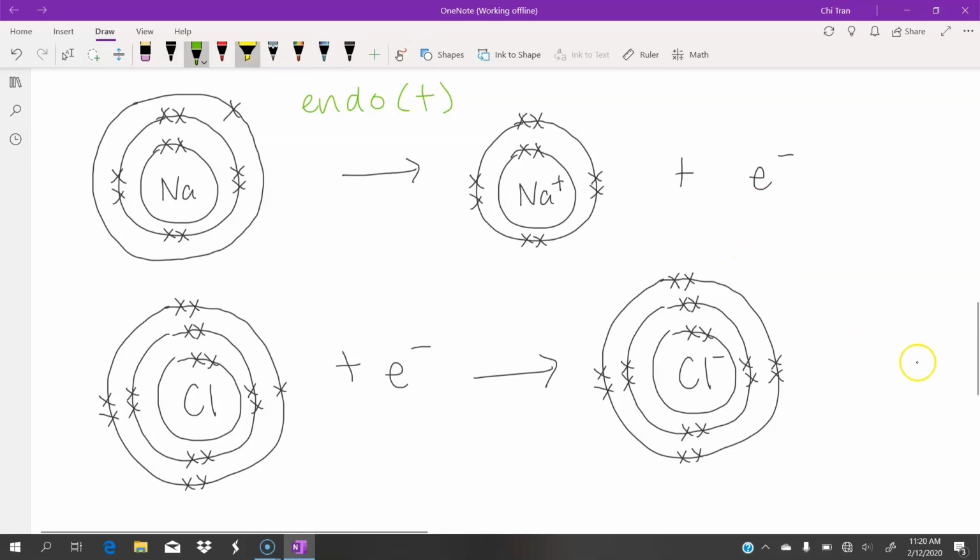And oppositely, it is an exothermic reaction to gain an electron because chlorine will naturally be attracted to this electron as it wants to complete its valence shell. So once it gained that electron, it will release energy.